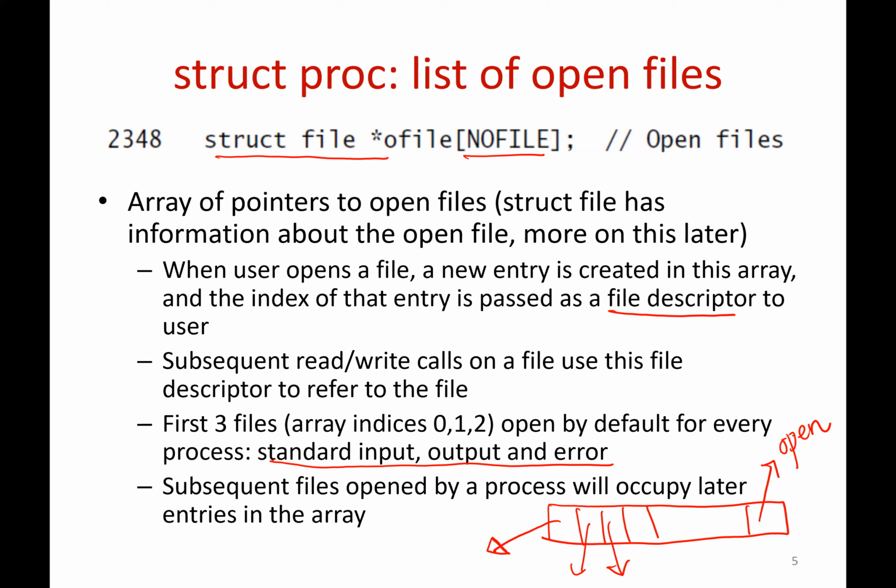Then later on, when you say read file number 5, the OS knows what to do with it, because from this it has a pointer to the structure of the file and it can retrieve information about the file using this pointer. Okay, so this is called the file descriptor array, and for every file that is opened by a process, a pointer to that file is maintained in this array.